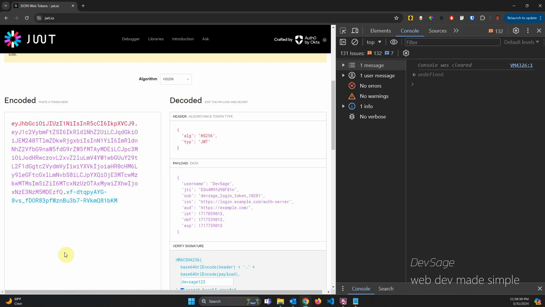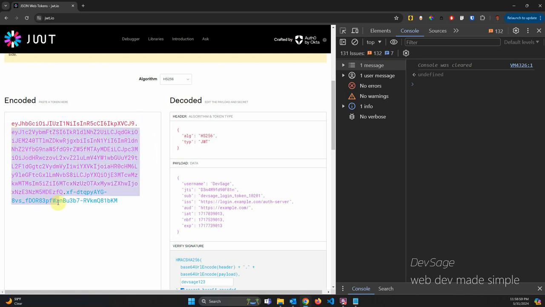The second part of a JWT is the payload, or the actual data of the JWT, the claims. And that's represented by this purple text here. You might notice that the red part, the header, and the payload are separated by this period.